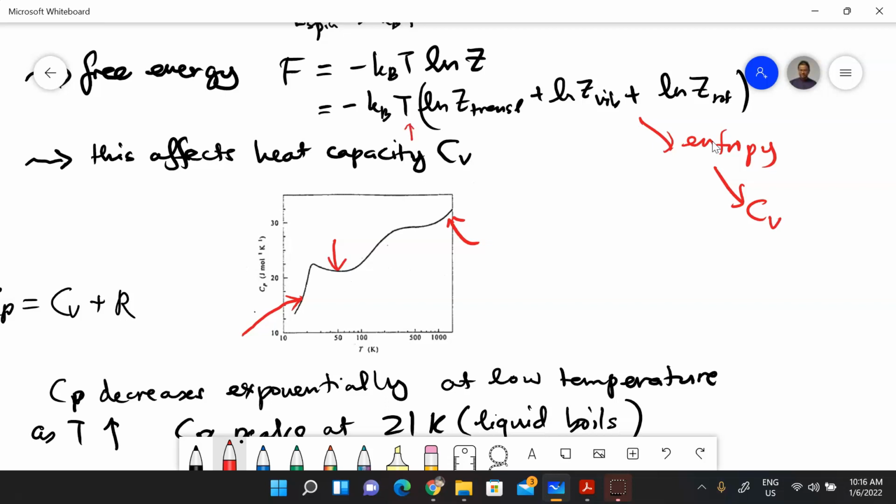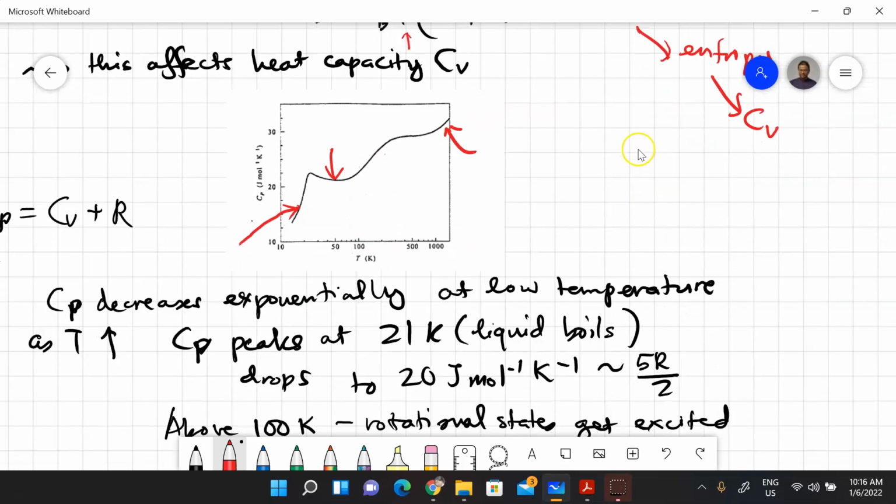If the temperature is high enough to excite everything, then all contributions are there. If it's not, then not all the contributions will be there, and maybe only the translational dominates, or the rotational dominates. This is the kind of picture that we have.